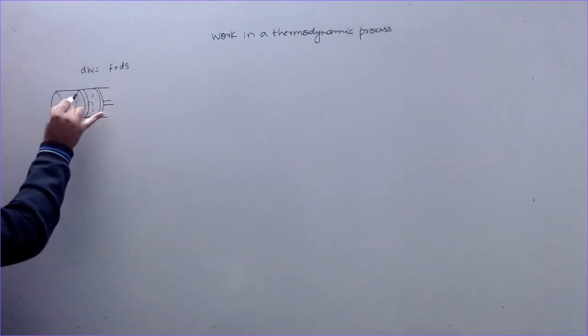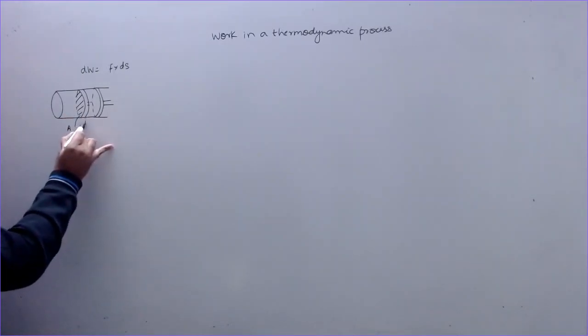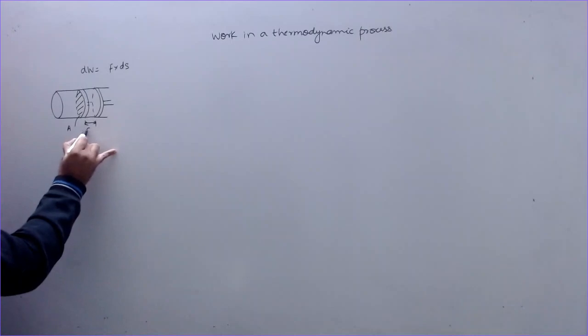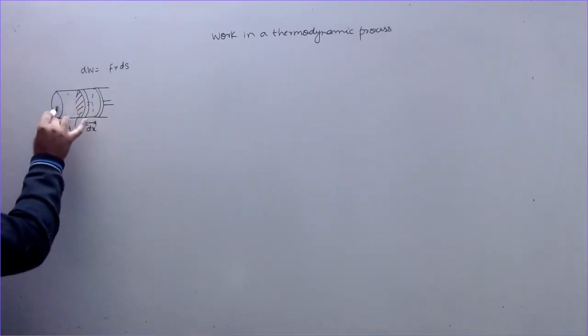The area of cross section of the piston is A, and this moves through a distance dx. It contains an ideal gas.